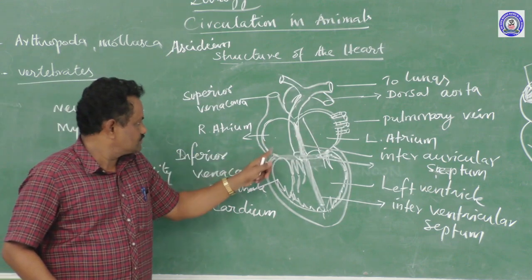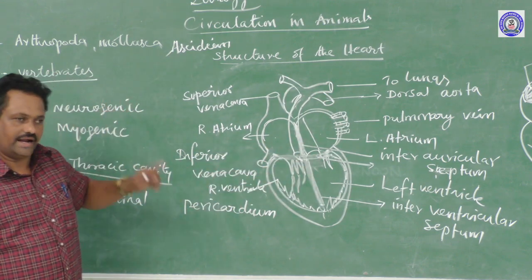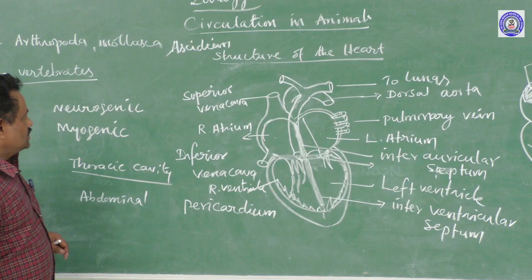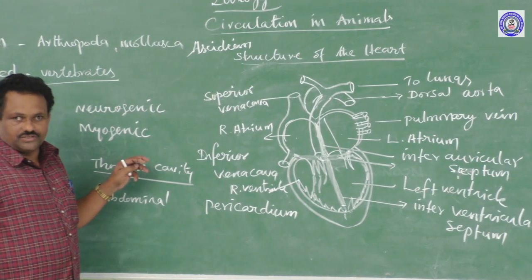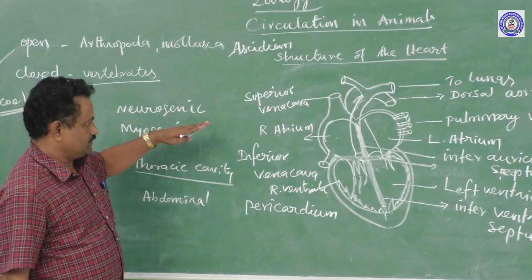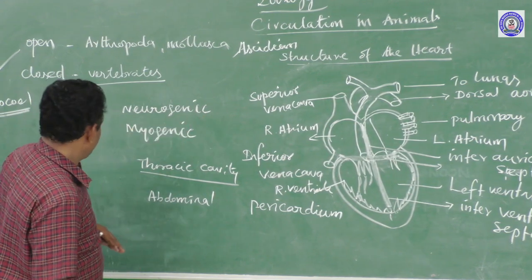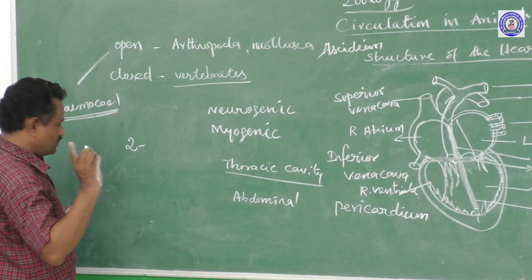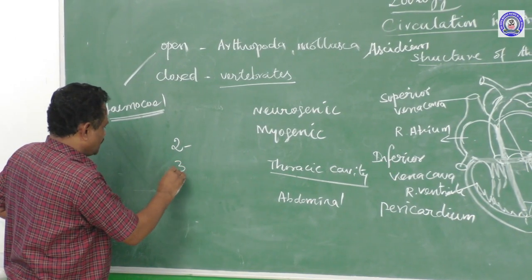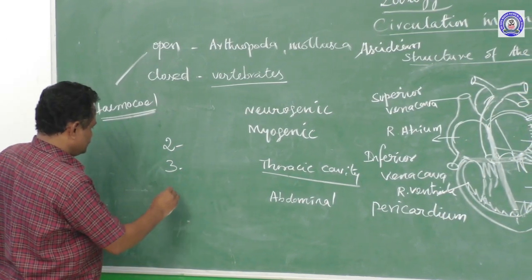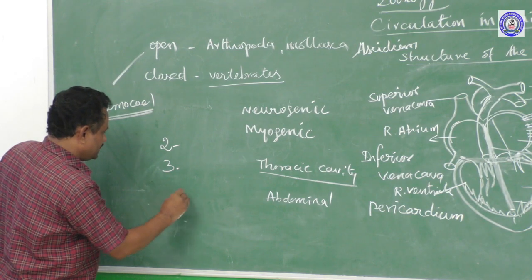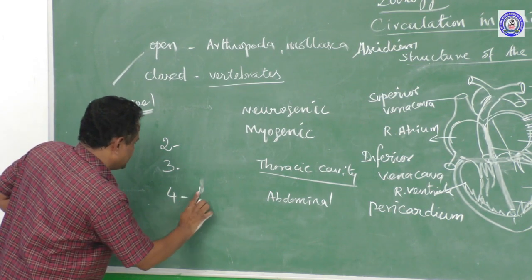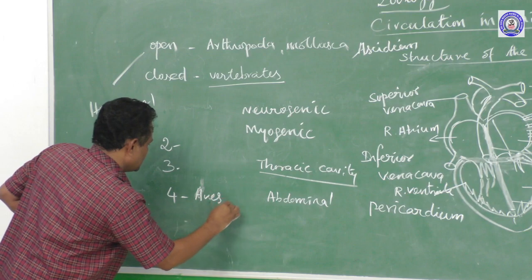Based on the chambers in animals, in the case of fishes, we have only a two chamber heart, one atrium and one ventricle. In the case of amphibians and reptiles, a three chamber heart, and a completely divided four chamber heart is present in the case of aves and mammals.